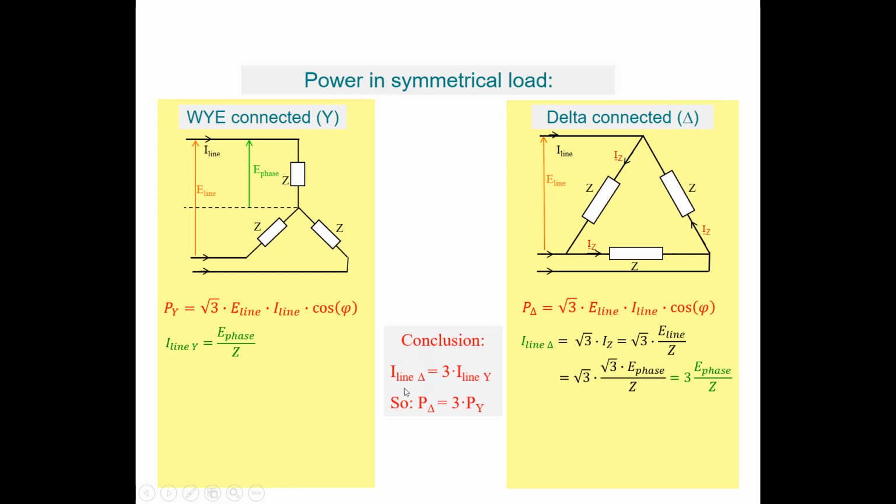So conclusion, the line current in a delta connected load is 3 times the line current in a Y connected load, so also the power, which has the same expression in a delta connected load, is 3 times the power in a Y connected load. And that's why often motors which are connected in delta are switched up by using a Y delta switching unit in order to reduce the inrush current.